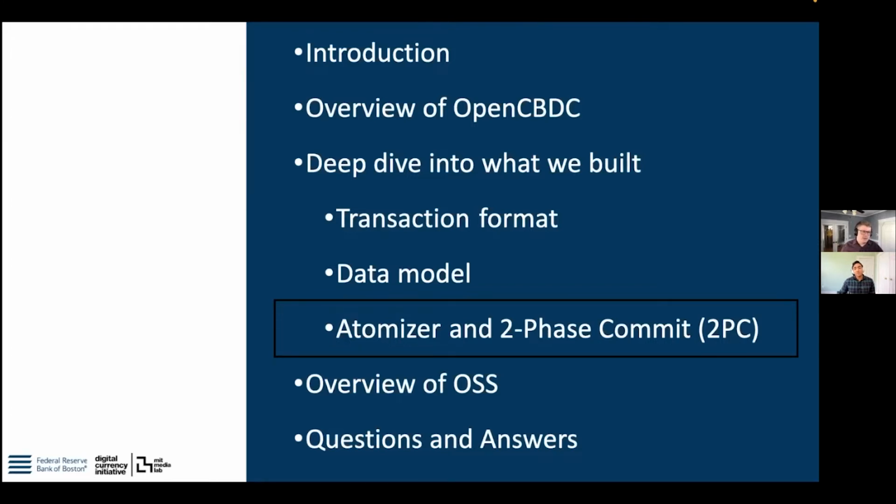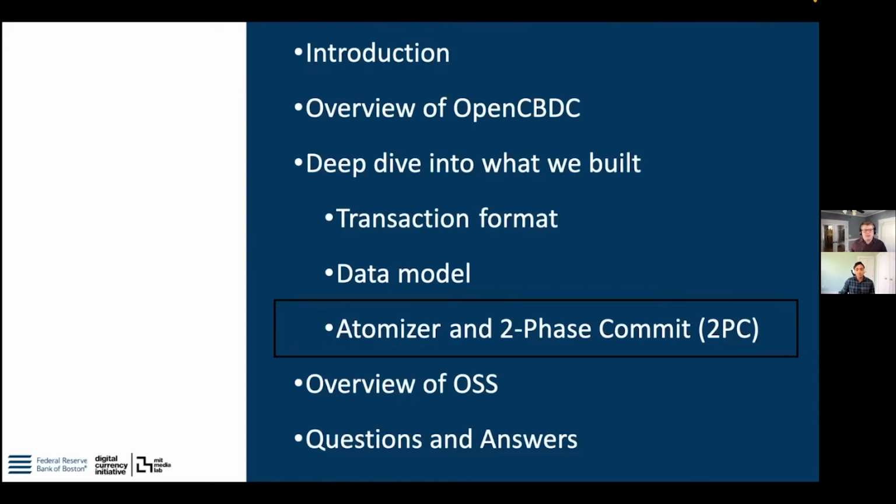With UTXOs, you still get output scripts, so you have the ability to validate that a spend is valid. So you can have very complex scripts, but what is more challenging to implement is this idea of a state transition in the output. So in Ethereum, with the account balance model, you're essentially calling a function, and that defines the state transition that transaction is going to make.